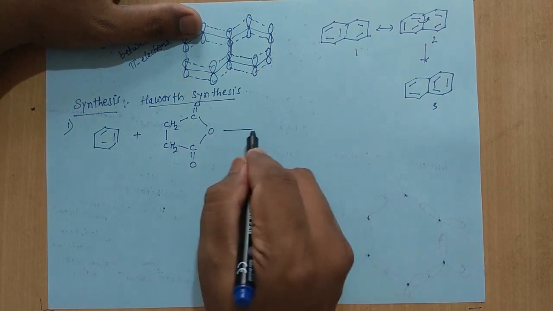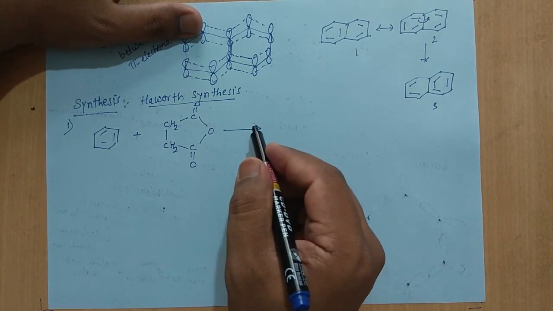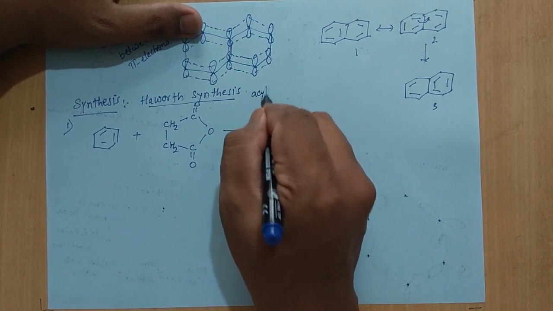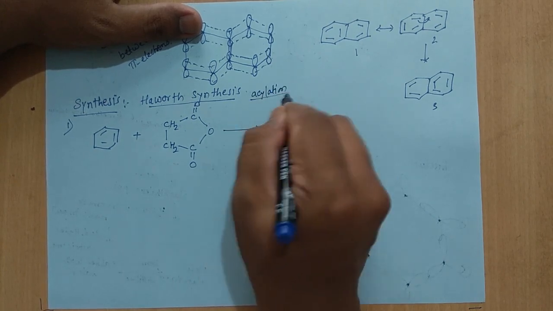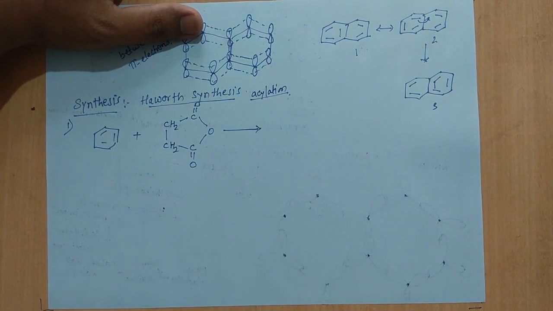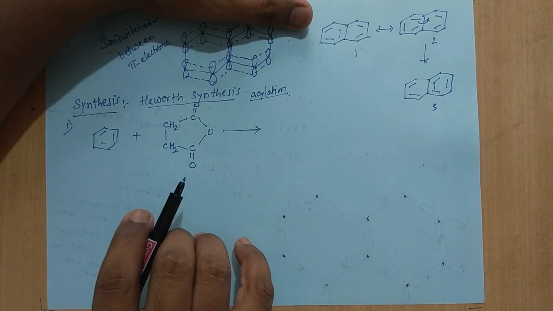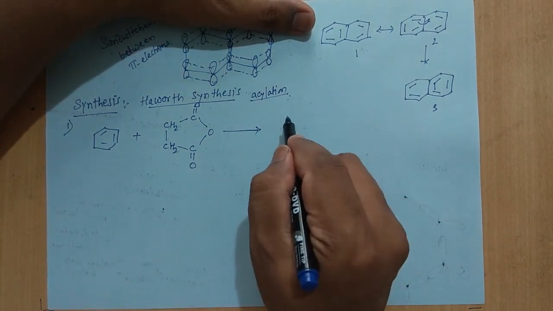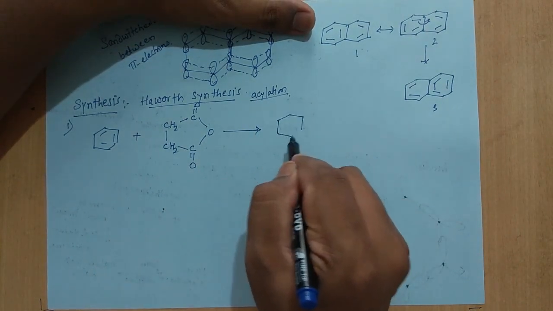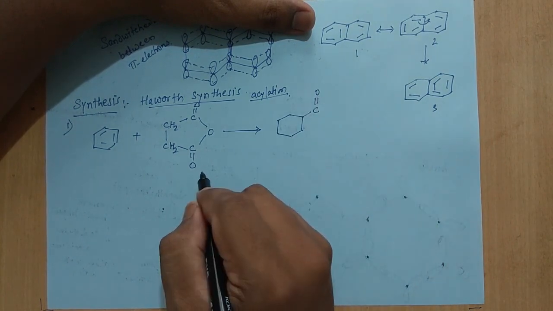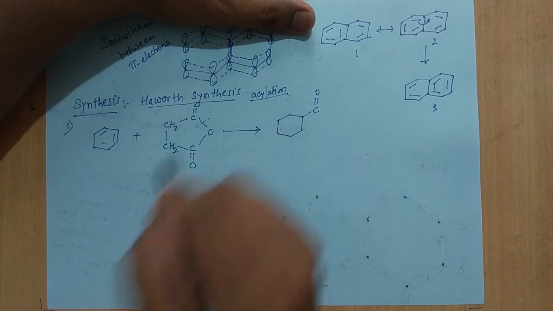Now this reaction is called Friedel-Crafts acylation. This is an acylation reaction. You must have studied this acylation reaction in the first chapter, that is benzene, reactions of benzene. Now the acyl product of this reaction will be like this: C double bond O. Okay, one of the bonds will break here.